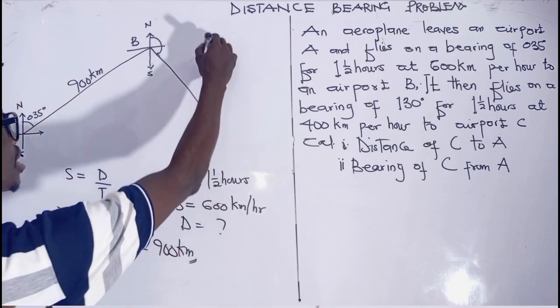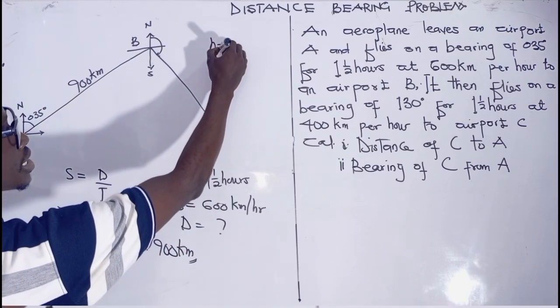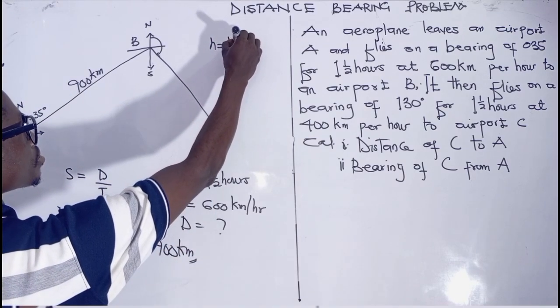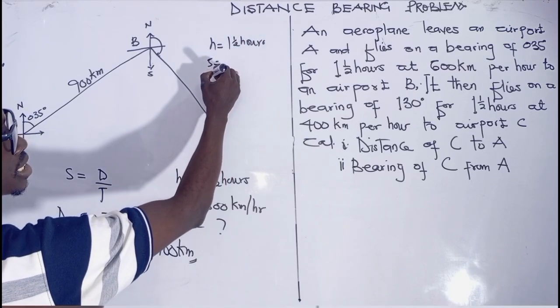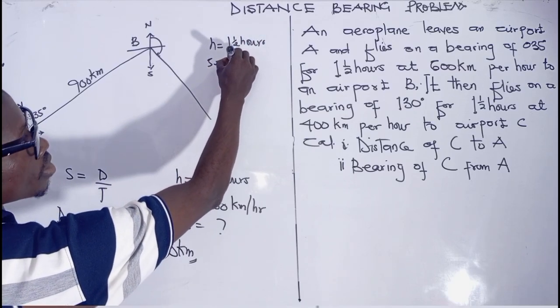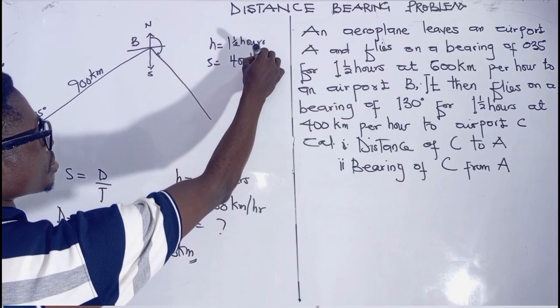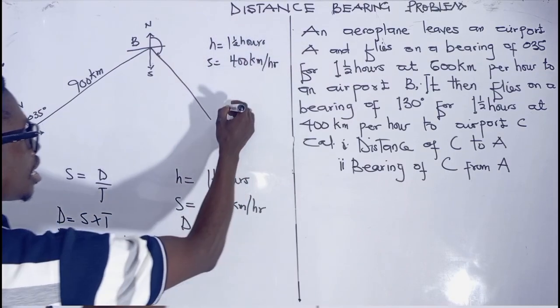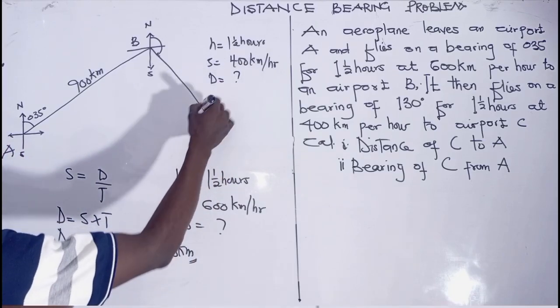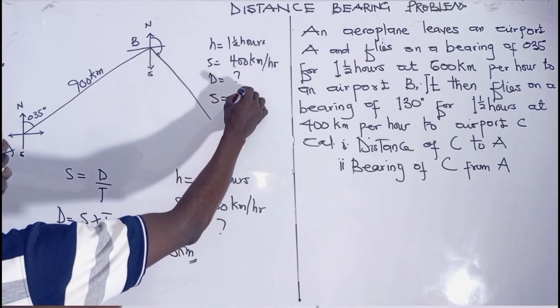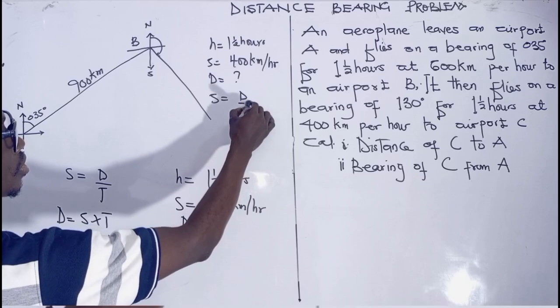So the time is 1.5 hours, and then the speed that he flew with is 400 kilometers per hour. We don't know the distance, so we can calculate it, and we know that speed is given as distance all over time.